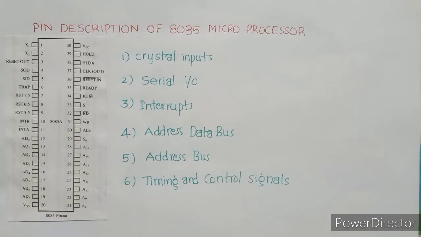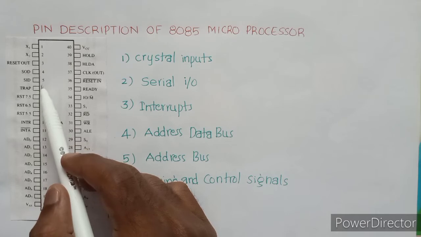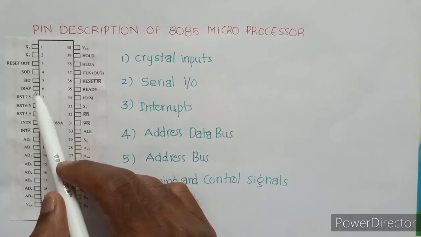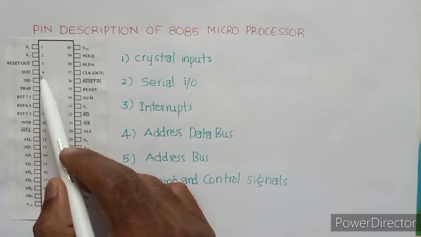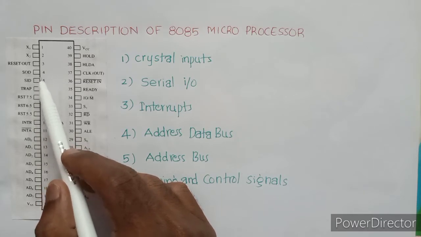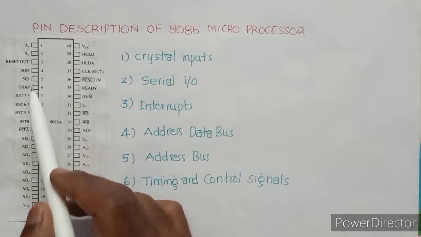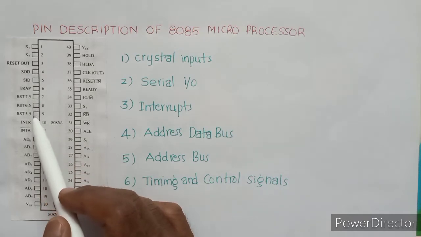Next, the fourth pin and fifth pin are serial output data and serial input data. SOD provides serial output data, while SID provides serial input data. Next, interrupts: TRAP, RST 7.5, RST 6.5, RST 5.5.